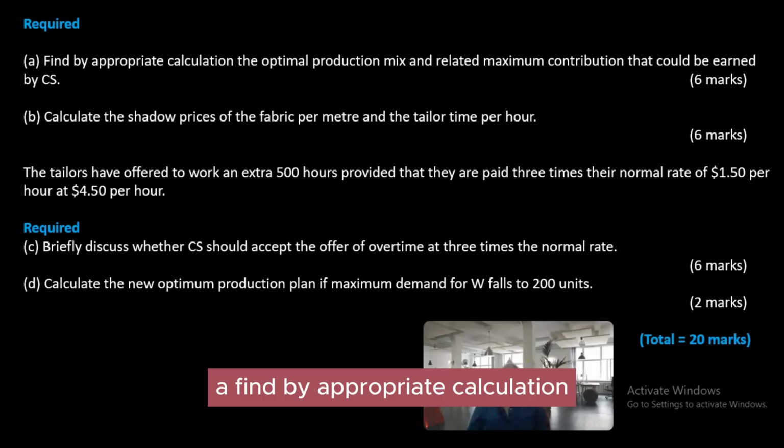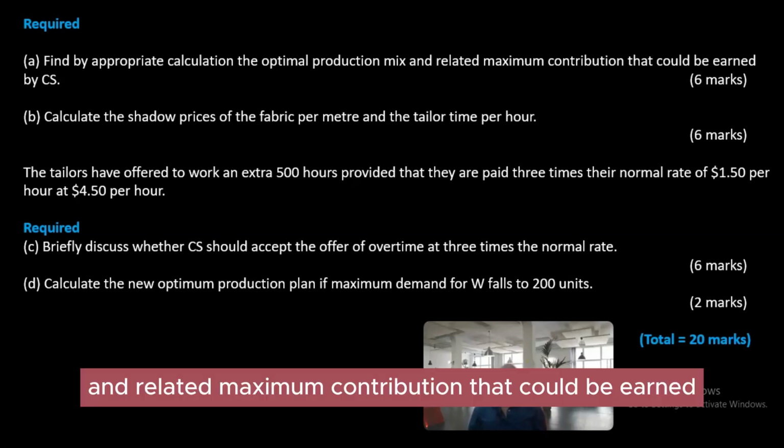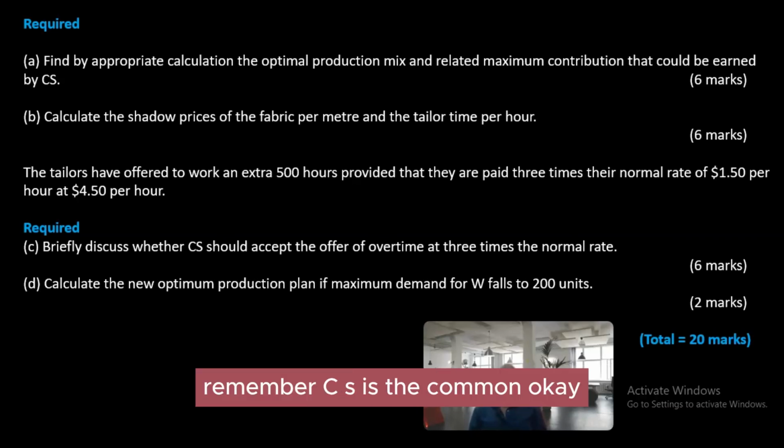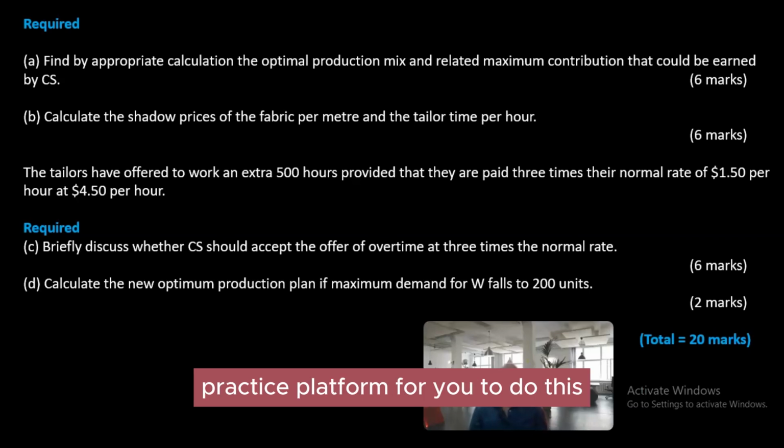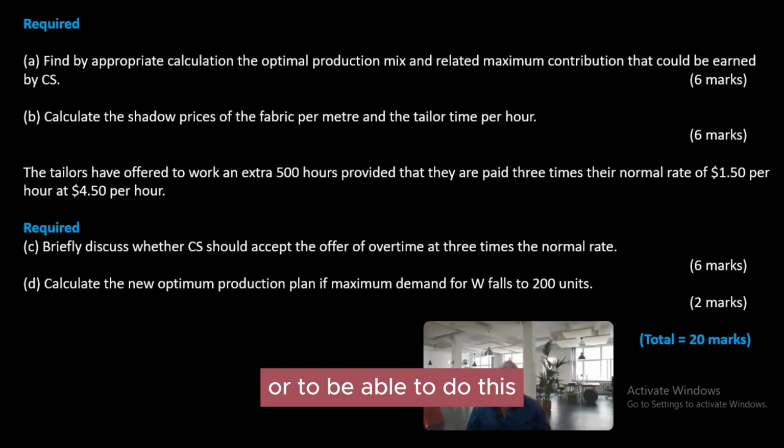A. Find by appropriate calculation the optimal production mix and related maximum contribution that could be earned by CS. Remember, CS is the company. Okay, and I encourage students to utilize the ACCA practice platform to do this.